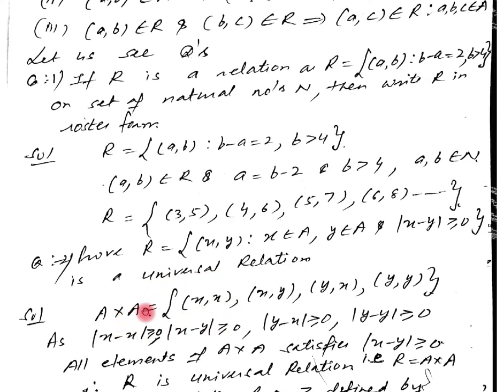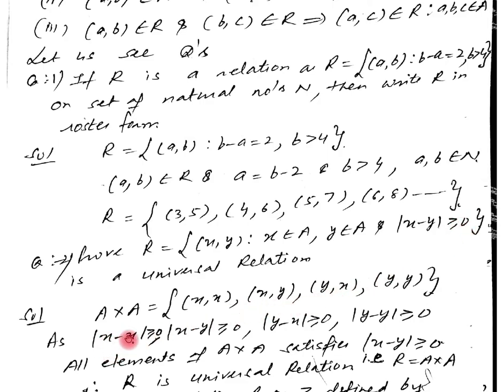Now consider A cross A. It will be (x, x), (x, y), (y, x) and (y, y). These are the possible ordered pairs in A cross A. Our relation is modulus of x minus y greater than or equal to 0, and we know the modulus of the difference of two elements is always greater than or equal to 0.